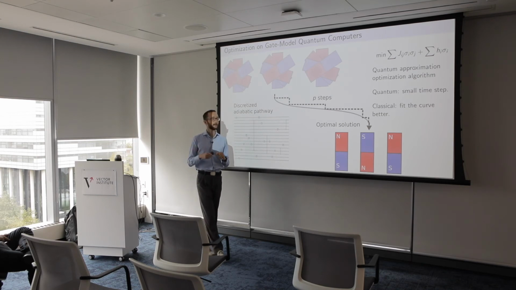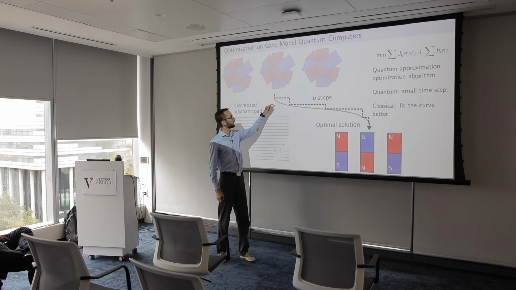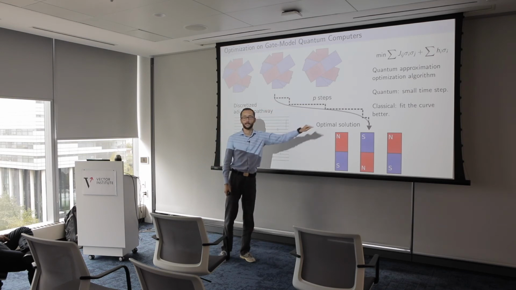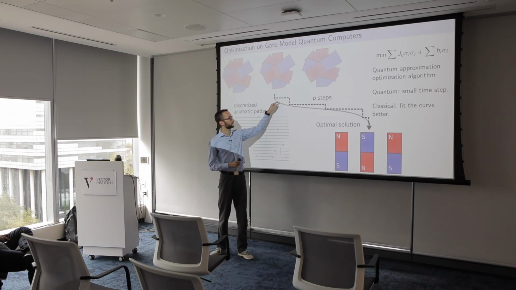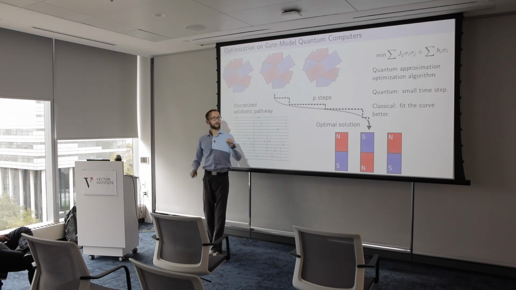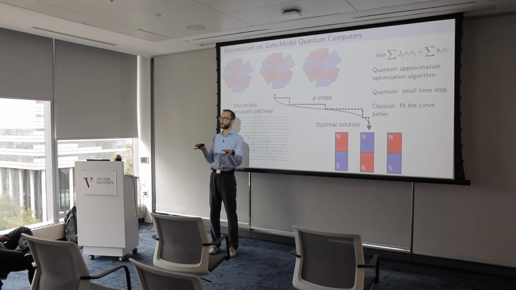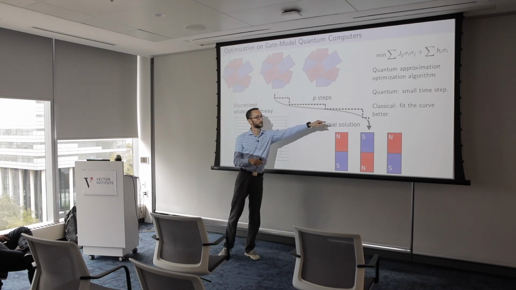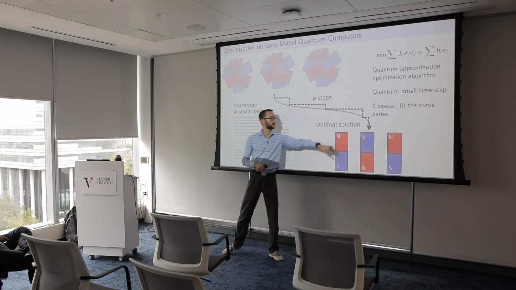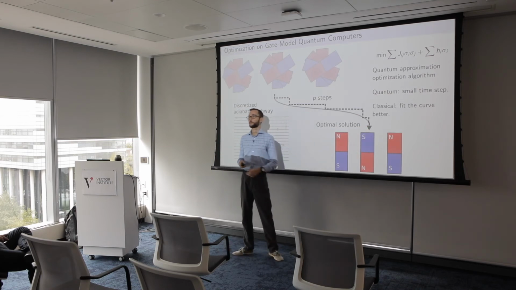So it was inspired by annealing, and what it does, it tries to approximate this adiabatic pathway, but with a gate model quantum computer. So it discretizes these steps. Every single one of these steps is just a short burst of calculation on the actual quantum device. So you extract classical information, and based on that, you do a completely ordinary gradient descent, and you try to get closer and closer to the optimal solution, and eventually converge to this point where your optimal solution is.